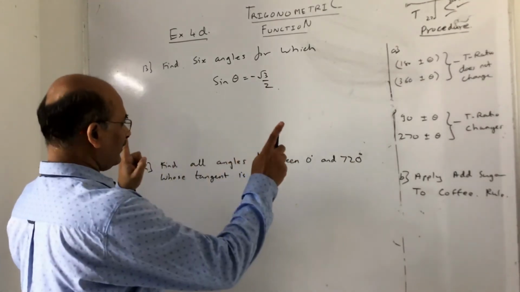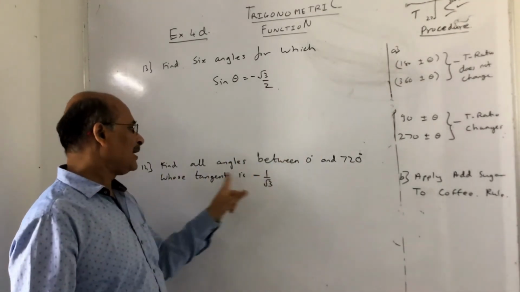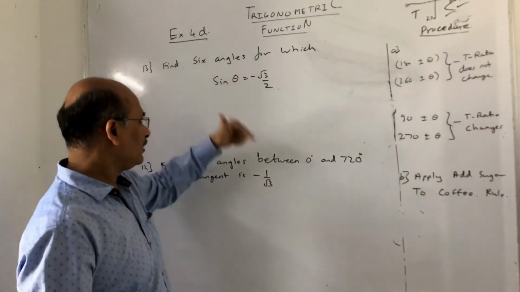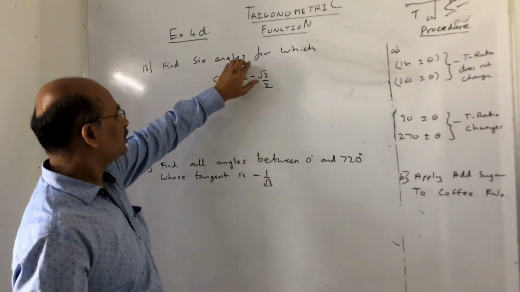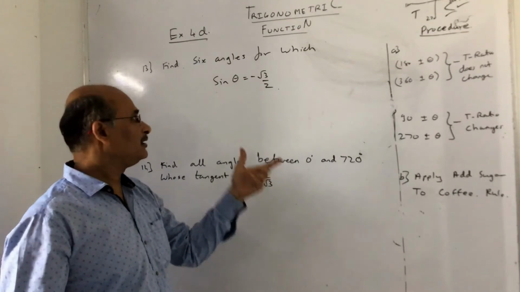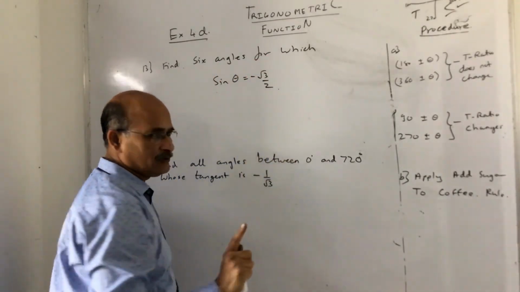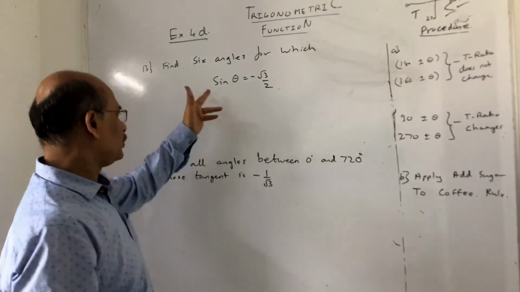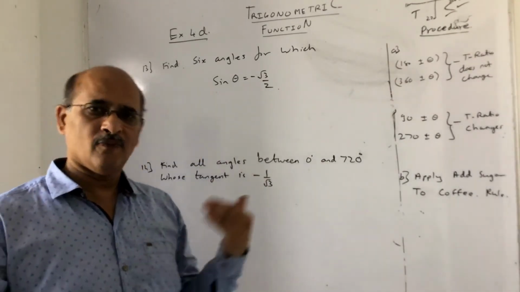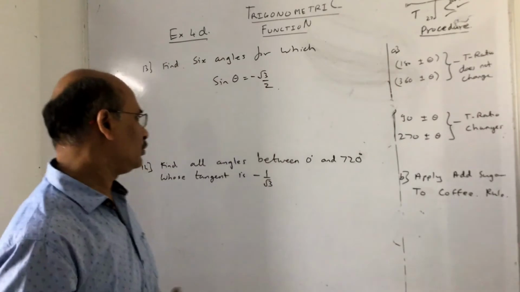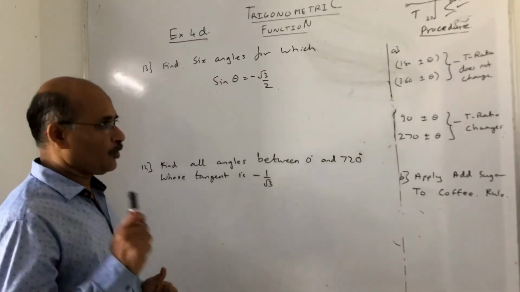So between 0 and 720 you find all the angles where the tangent is this. So the difference between these two questions is, in this question they are asking for 6 angles without any minimum value and maximum value. Here minimum and maximum are given to you. So the procedure or approach remains the same for both the questions. So I just took both the questions together so that you understand this very properly.